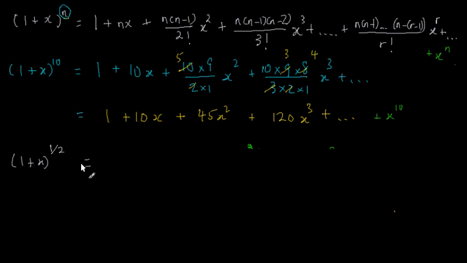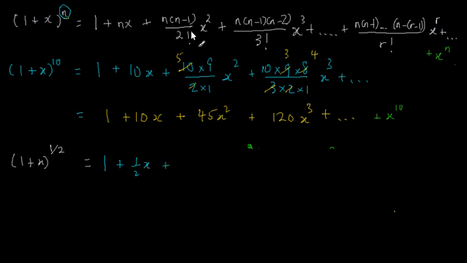So assuming that I can actually use the same binomial expansion formula for this fractional power, let's see what the expansion looks like. 1 plus, since n is half now, nx would be half x.